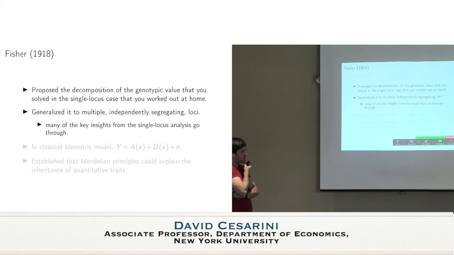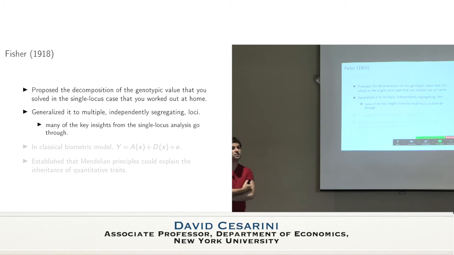The big question at the time was that Mendelian genetics was understood to work for discretely inherited traits, and the question was, do the same principles explain the inheritance of quantitative traits?